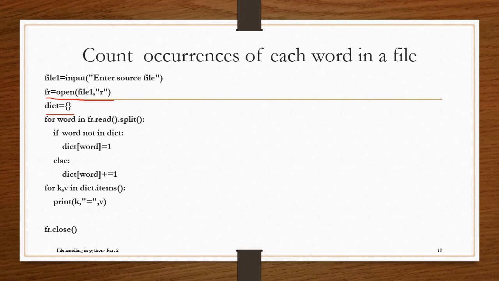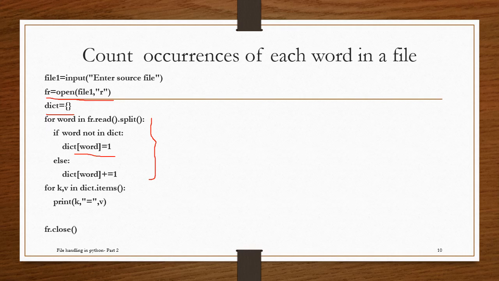This for loop is used to traverse through each and every word in the file. We will read contents of the file, and for each word in the file, if the word is not there in the dictionary, we will add that key with count as 1, or value as 1, to the dictionary.